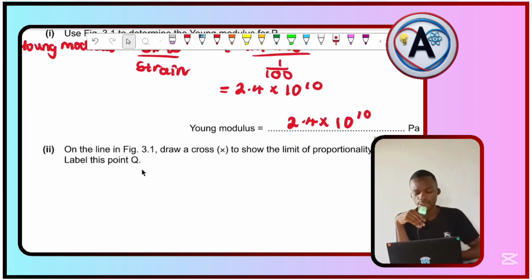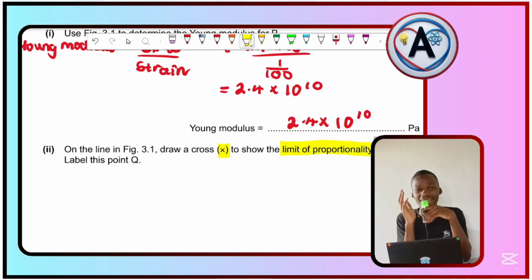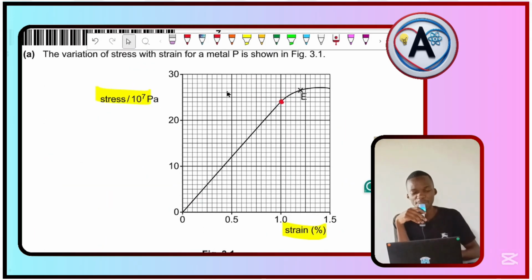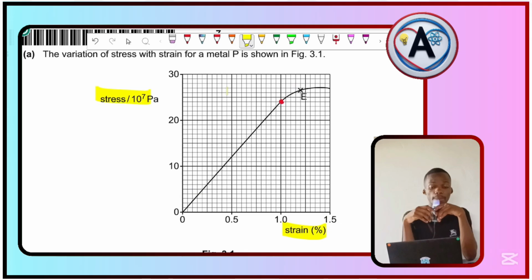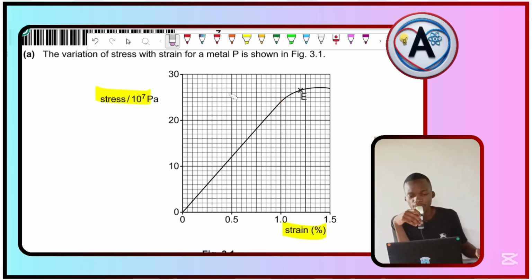Okay, on the line, fig 3.1, draw across a little x to show the limit of proportionality. Guys, this is as straightforward as it sounds. The limit of proportionality, the point where proportionality ends. Don't overthink it, right? So where does the direct proportionality, where stress and strain are proportional, end? Would you look at that?